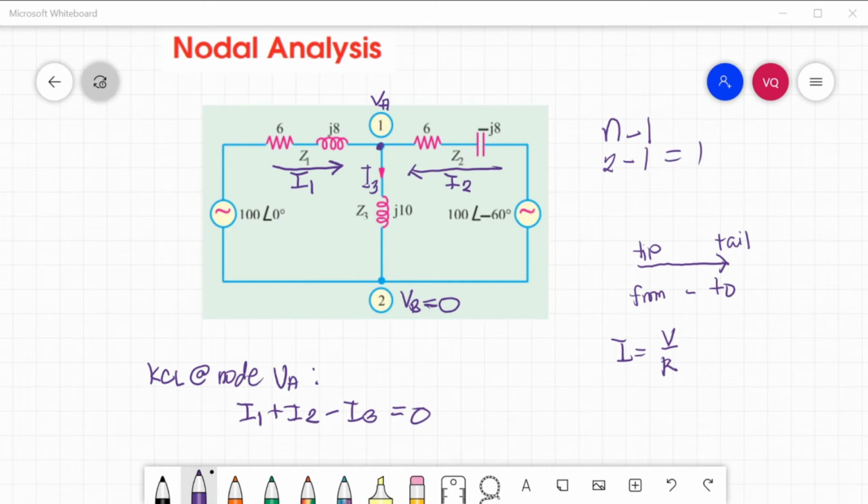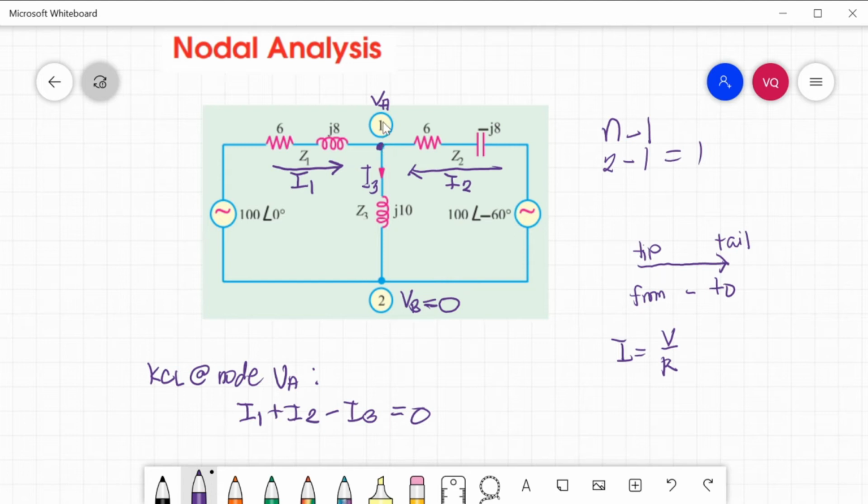Next, we will assume directions of currents. I let I1 go this way, I2 to the left, and I3 downward. After assuming directions of currents, we will have our KCL equation at node 1.